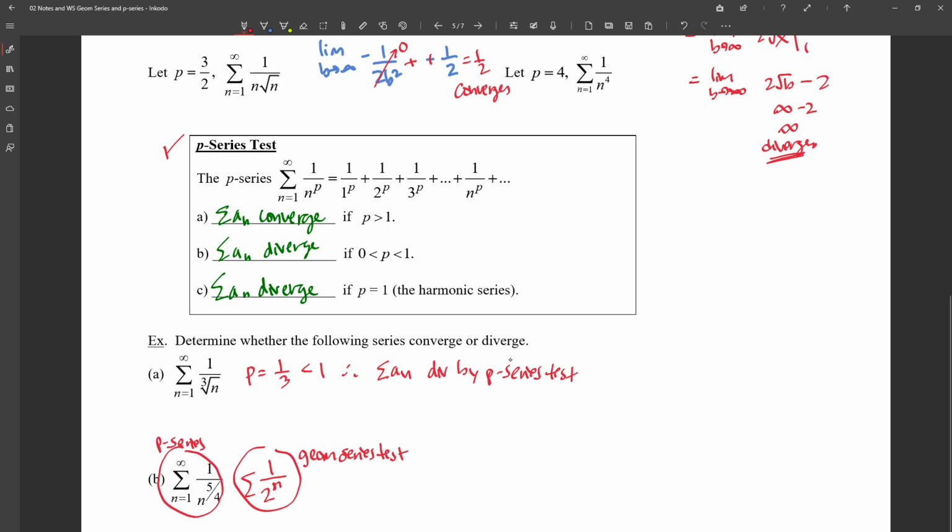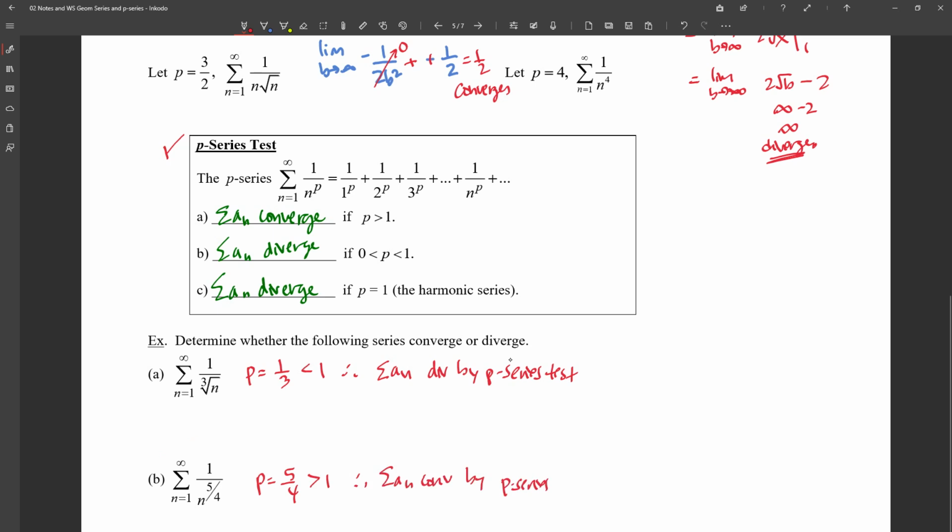If the exponent is an n, then likely, not all the time, it's a geometric series test. If the base is an n, okay, now we're talking about p-series. All right, my p is equal to 5/4, so 5/4 is greater than 1. If p is greater than 1, what I see is therefore this series converges by p-series test. And that's what you need to give me for every answer.